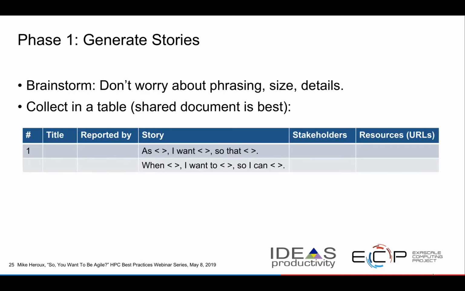And so if you have a shared document, for example, a Confluence document, Google Doc can work if you want to use that, or even on GitHub with Markdown, you can do these kinds of activities. And so there are lots of ways to provide a shared document where people can collaboratively enter this content.